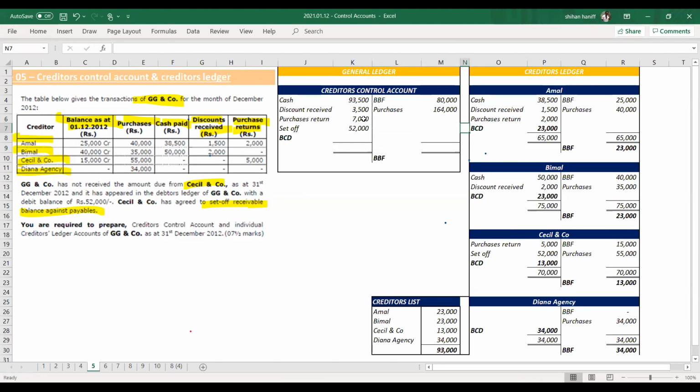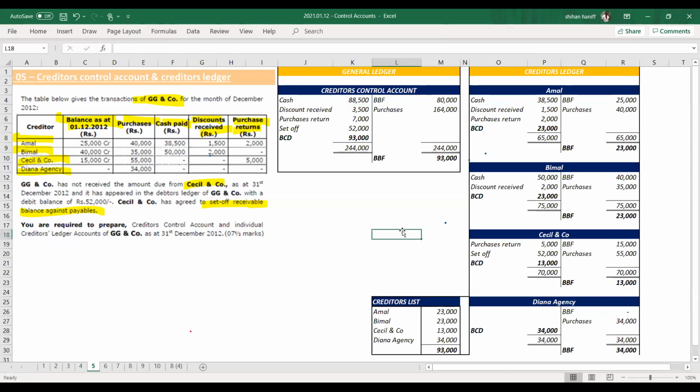Now what is the balance? Cash is 88,500.